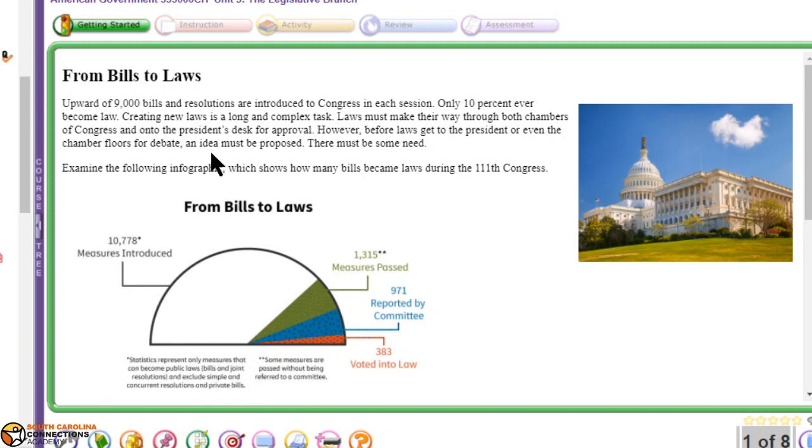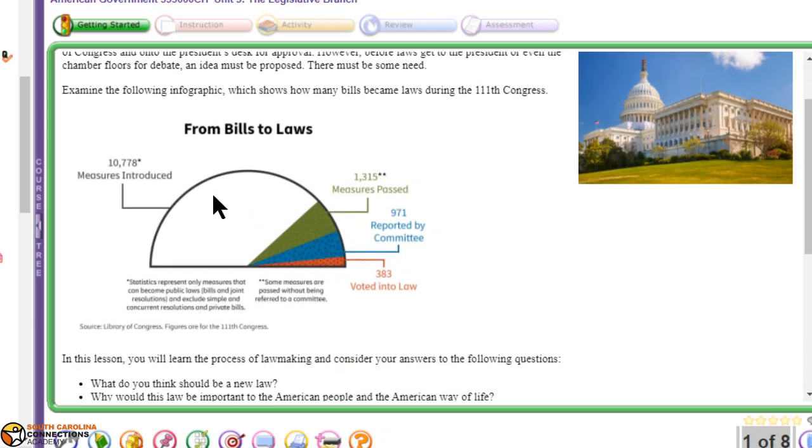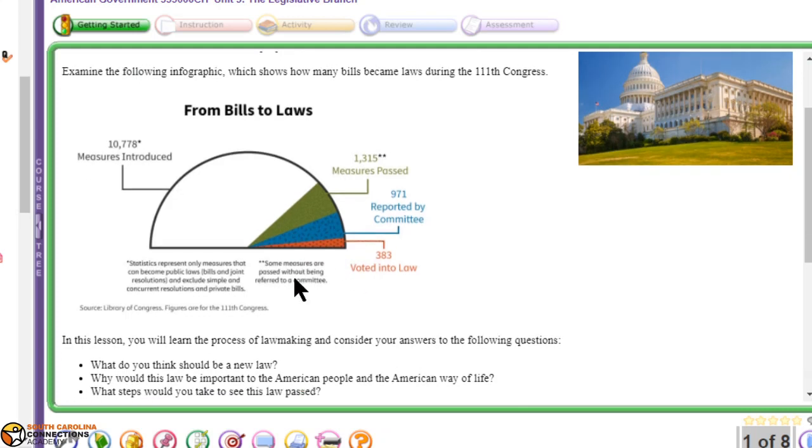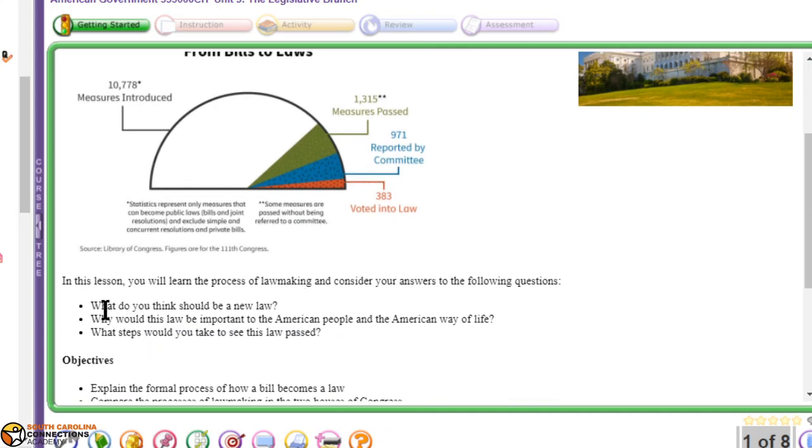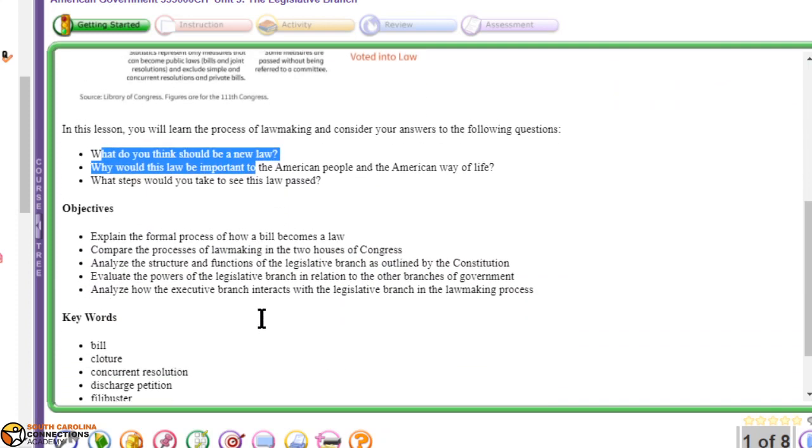However, before laws get to the president or even the chamber floor debate, they must be proposed. There must be some need for the law. This shows how many measures are introduced, how many are reported by those committees, which you learned about in an earlier lesson, and voted into law.